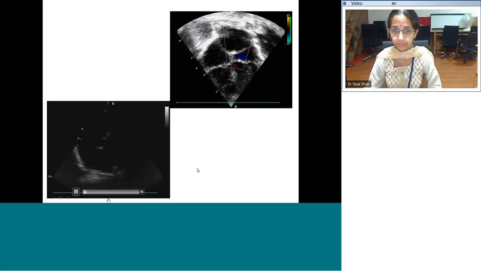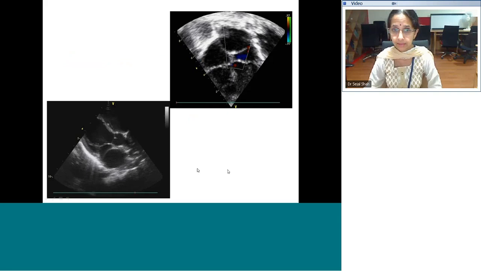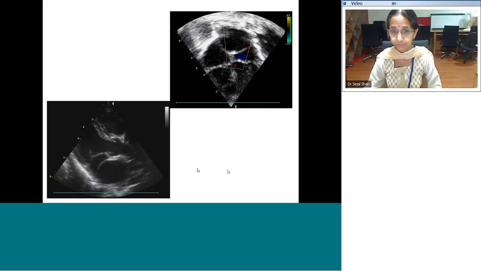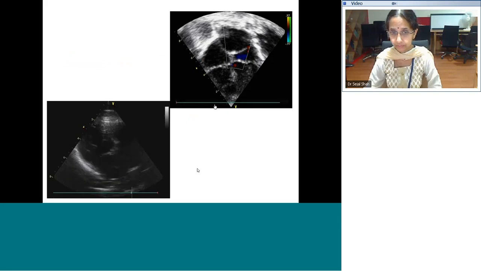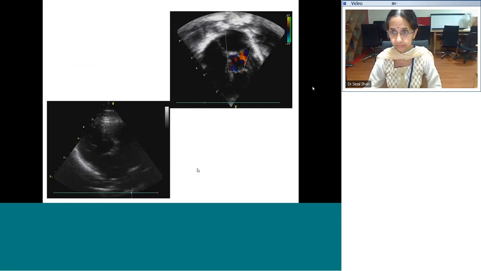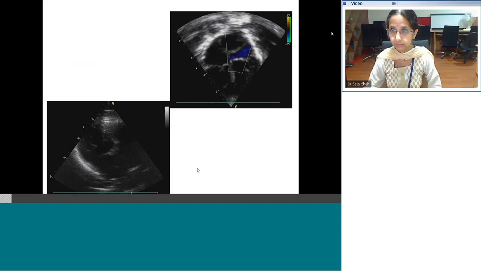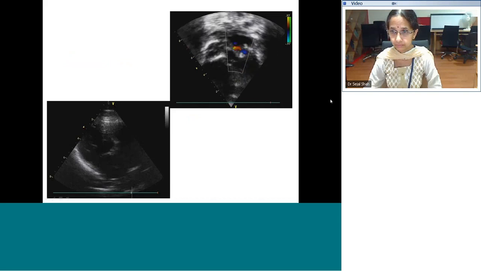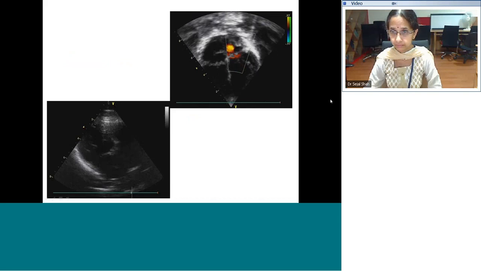So you can see this is the plax view. I'll play it once again.